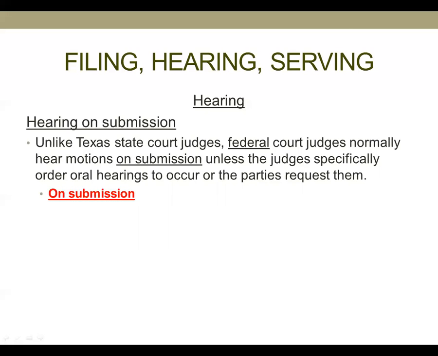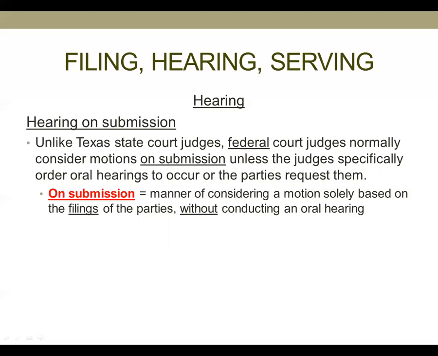For a judge to consider a motion on submission means that the judge is simply going to look at the filings of the parties, that is, the paper, what the parties actually filed with the court. The judges will not have an oral hearing where witnesses will be called live and the attorneys will argue live. Instead, the parties will be expected to make their full arguments and have all their evidence on paper and properly filed. And the judge will read these materials and then issue a ruling.